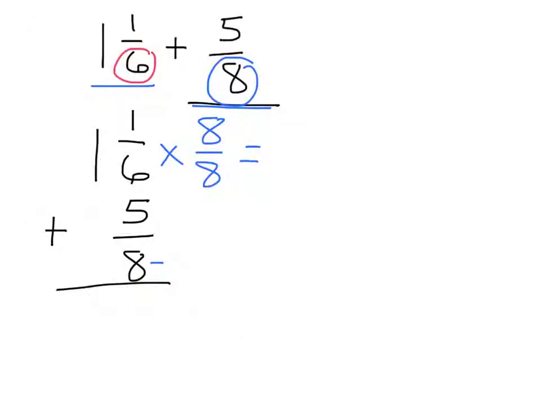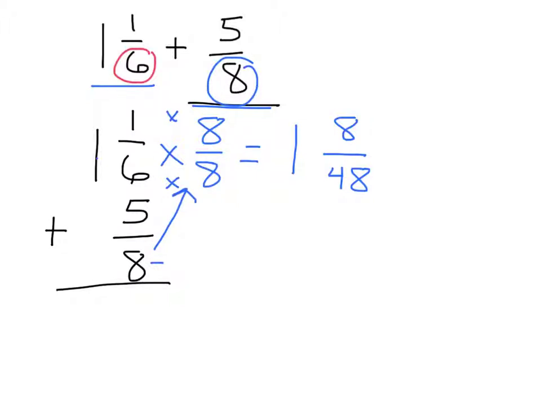I would now get, well, that 1 is still out front, and then I'm going to multiply the fraction. 1 times 8 is 8 on the top, over 6 times 8 on the bottom is 48. Now notice I took this 8 down here and multiplied it up there to get a common denominator.